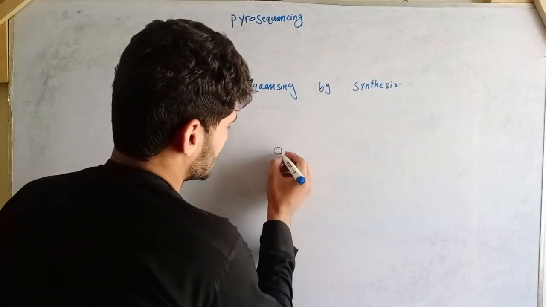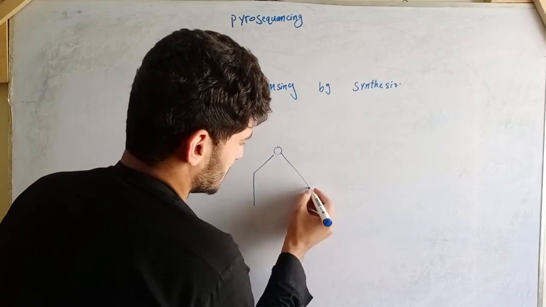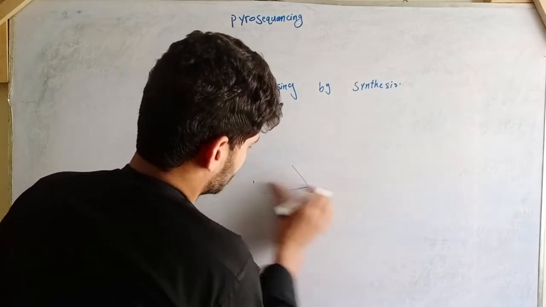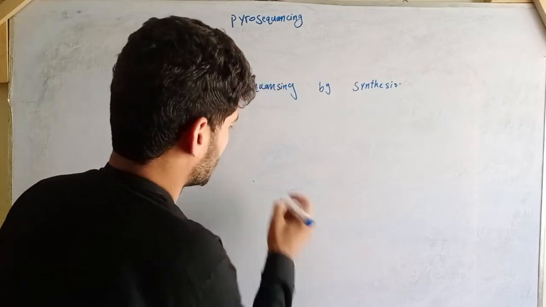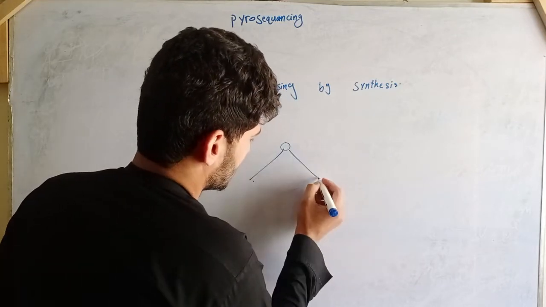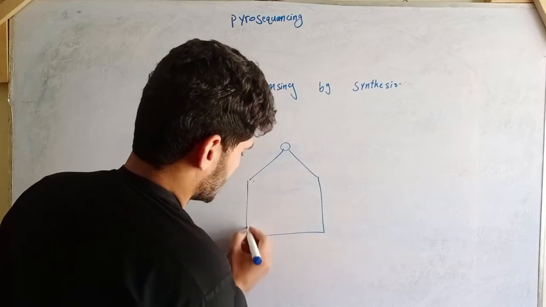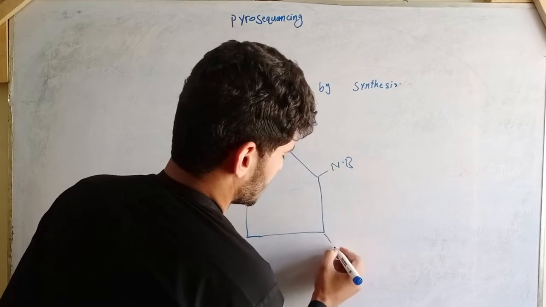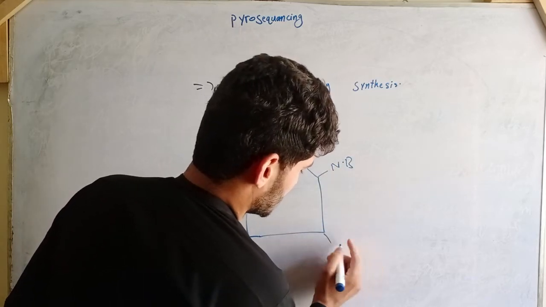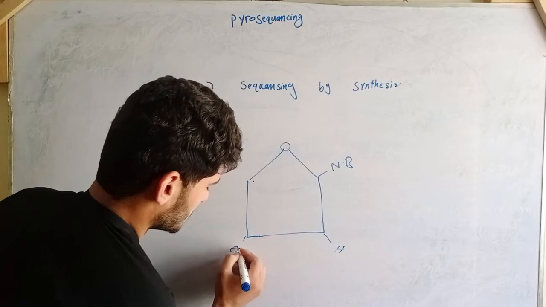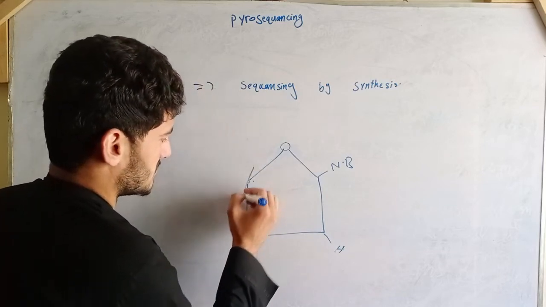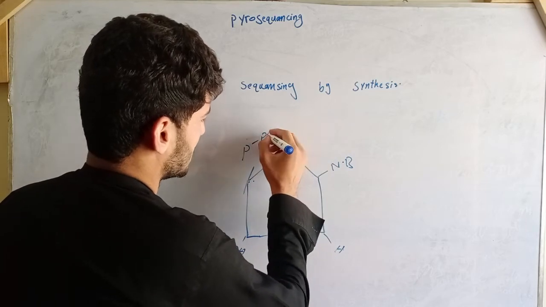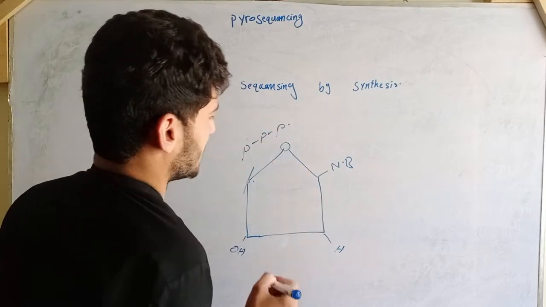Now, this is the structure of nucleotide. In carbon number 1, the nitrogenous base is present, and here the OH and H, and here the OH, and the phosphoric acid is present in carbon number 5.